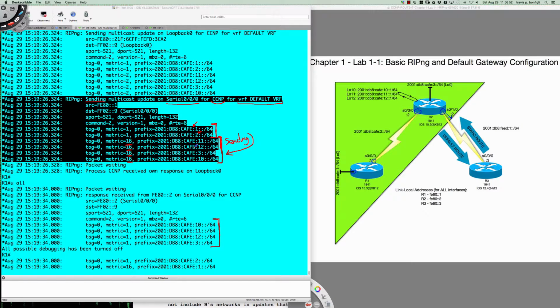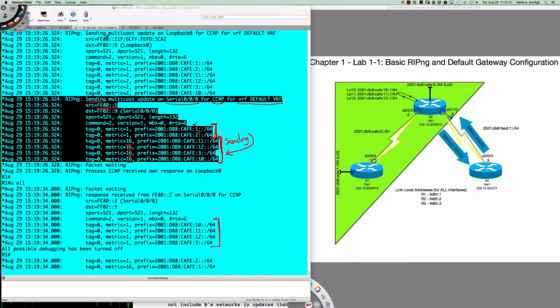Because if split horizon was in effect, this advertisement that router 1 is sending, and here we know it's router 1 because there's the source address, would be sent back with only these 2 routes. We saw that earlier, right? And so this also proves that when you turn on poison reverse, it is overriding split horizon. Split horizon is no longer in play here. And we'll talk about when this comes into play, or why you would turn this on and why this is preferable, in a couple seconds.